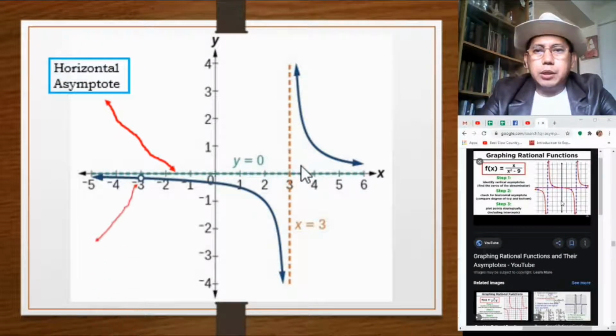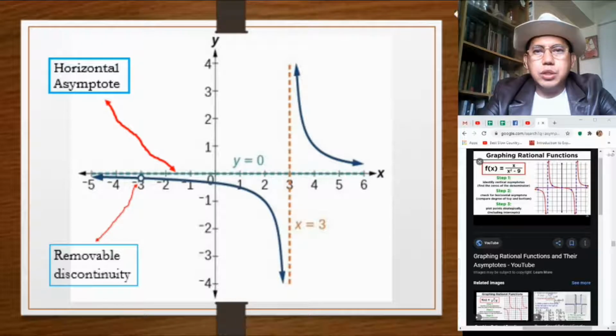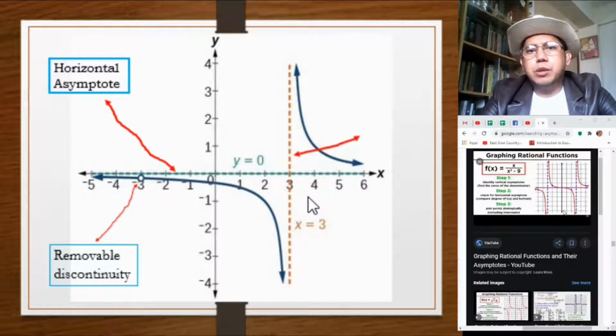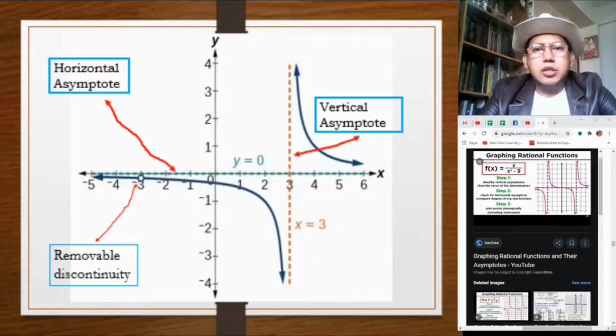Another would be what is meant by this hole that you can see in our graph. We have said that that is considered to be our removable discontinuity. We are going to explain why we have a removable discontinuity. Another would be this vertical broken line, and that is called our vertical asymptote.